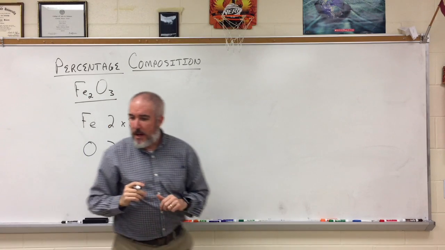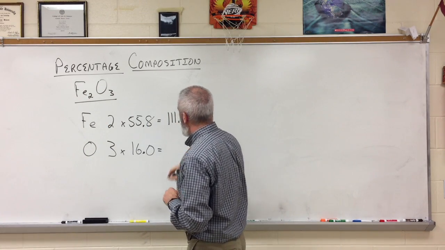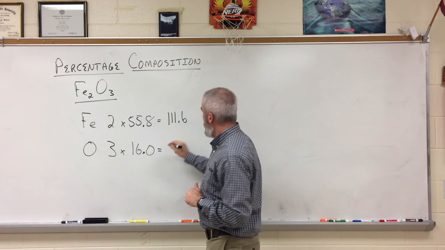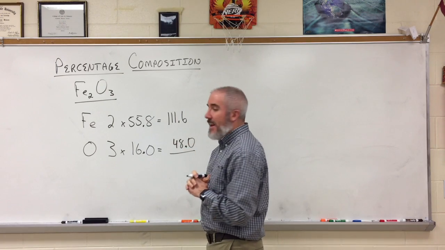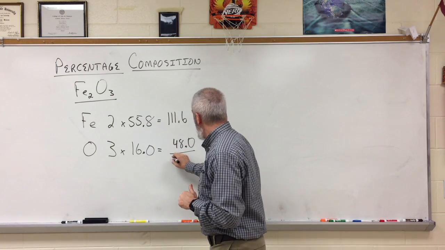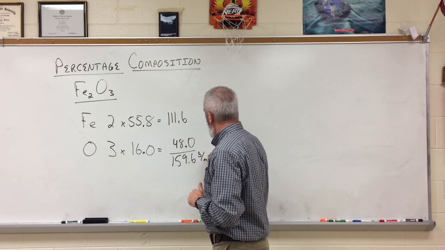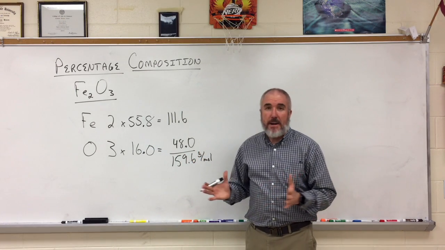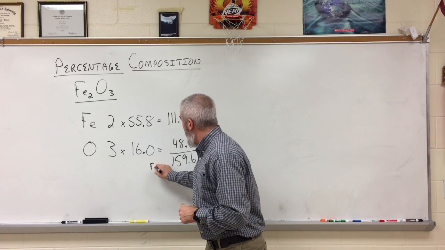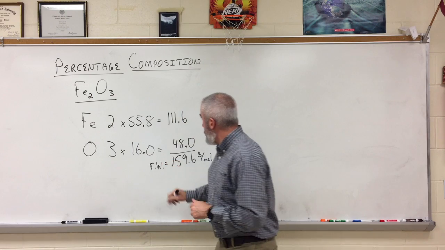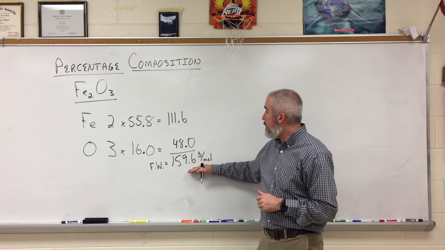When I do that math, I come up with 111.6, and for oxygen 3 times 16 gives 48, and then we add those together, and I get 159.6 grams per mole. That is the molar mass for Fe2O3, and we can call that the formula weight. Some people you'll see write FW, formula weight, is 159.6 grams per mole.